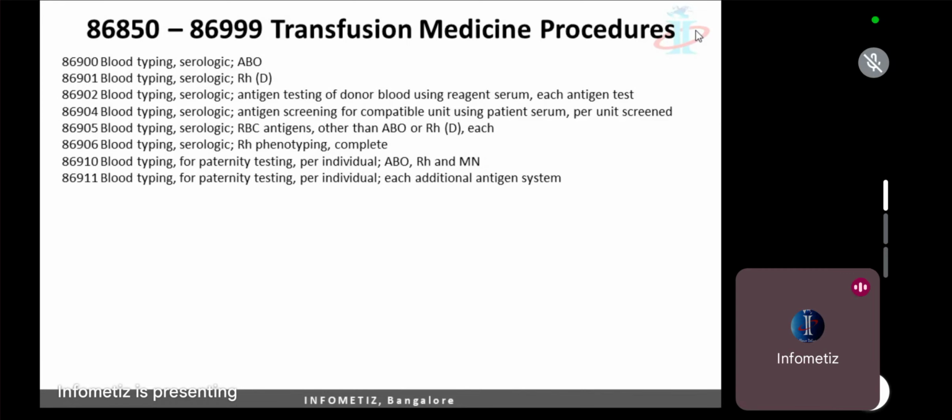Smear, primary source with interpretation, wet mount for infectious agent, saline, India ink, or KOH, potassium hydroxide preps. Below there we have one guideline for KOH examination of skin, hair, or nails. Then 87220, which is just the next code.